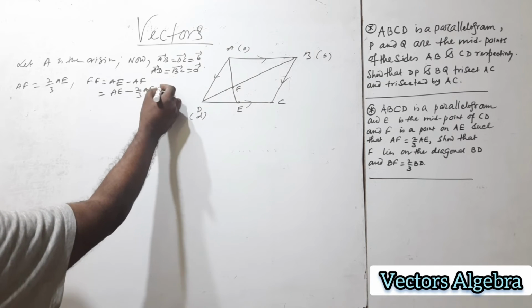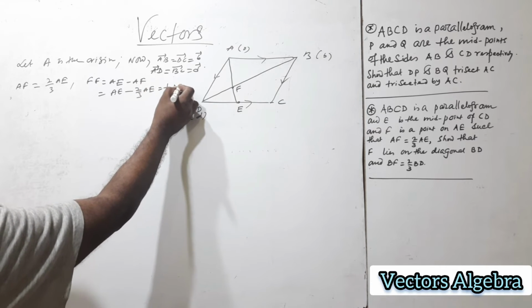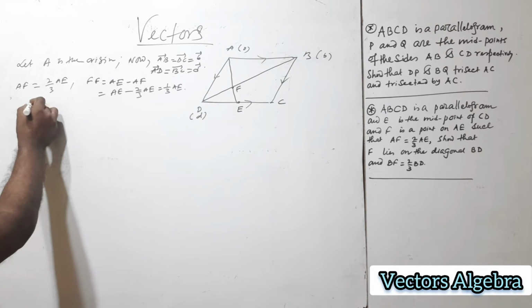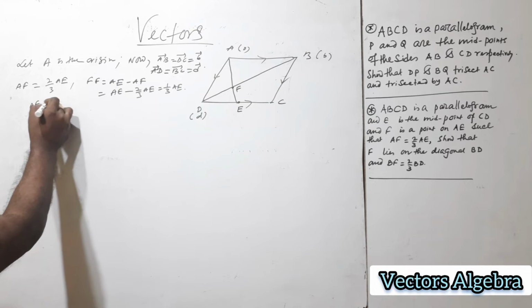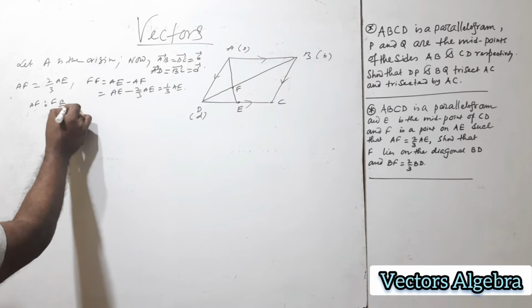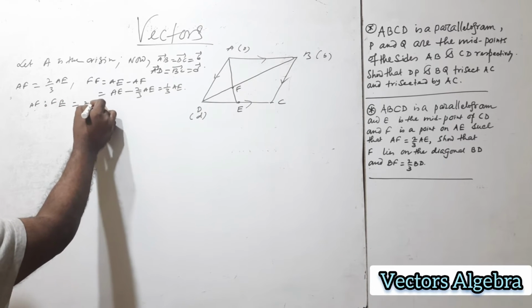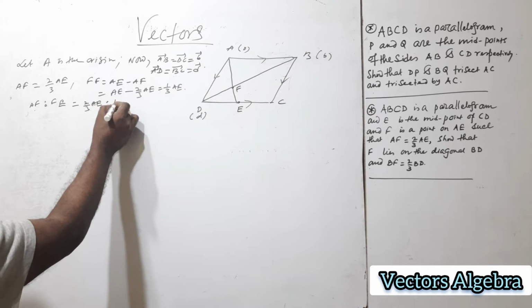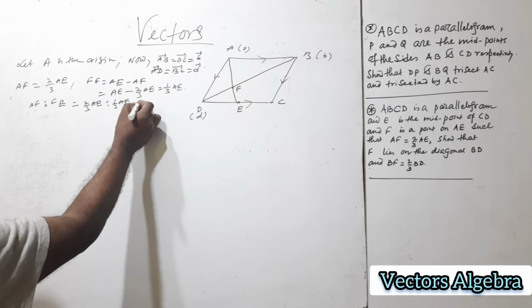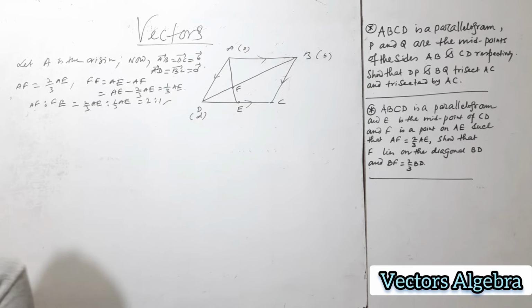So this is equal to 1/3 of AE. So it shows that AF is to FE, that is 2/3 AE is to 1/3 AE. This is 2 is to 1. Okay.